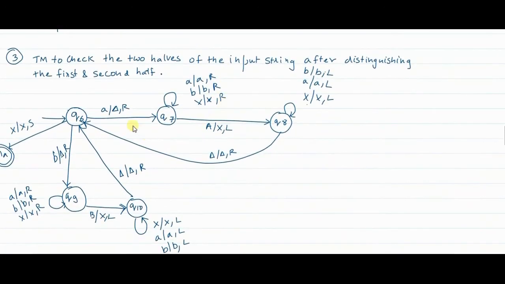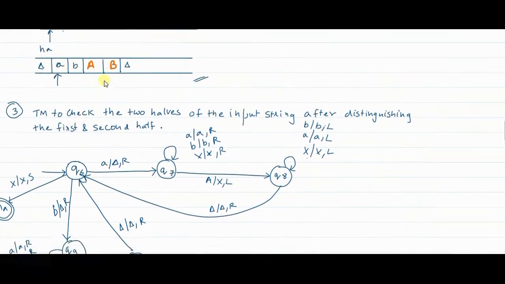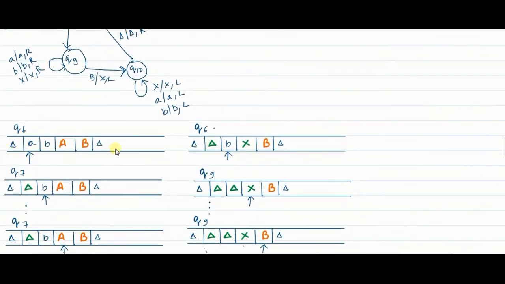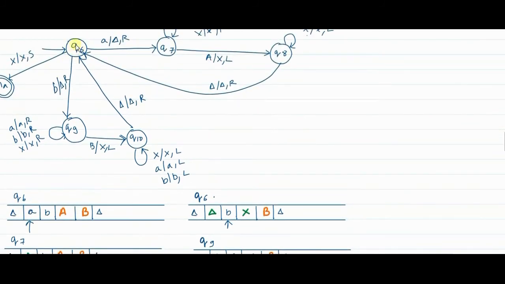As I trace, you will easily be able to understand what this particular Turing machine does. The configuration is given as input to the third Turing machine as it is, only HA has been replaced with Q6, because the halting state of the second Turing machine is the start state of the third, which we have named Q6.